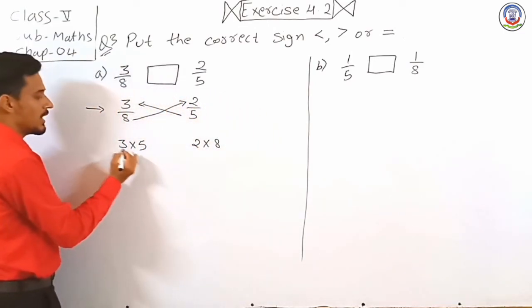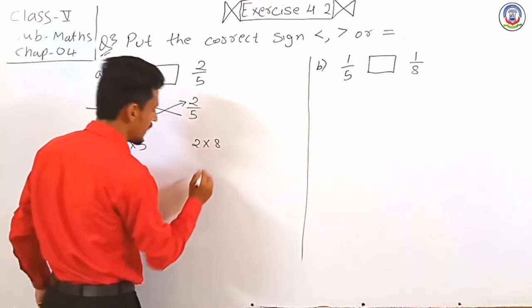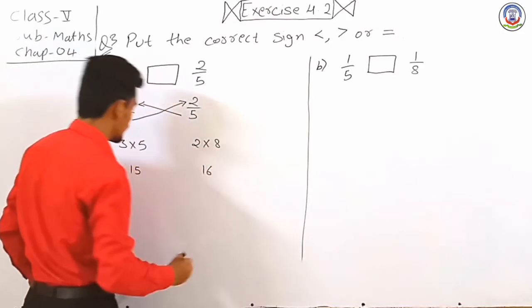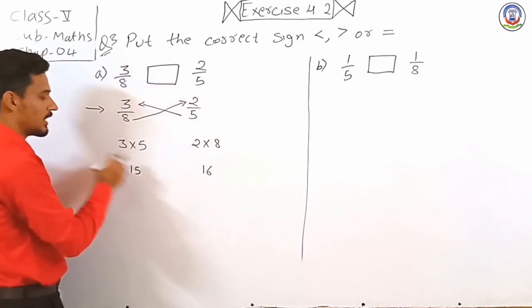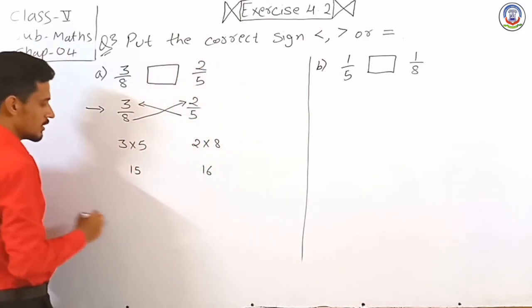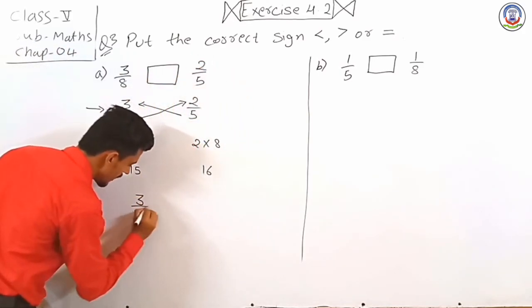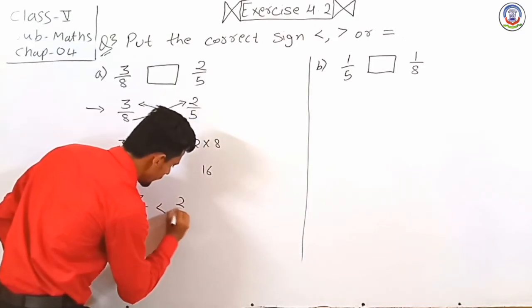So 3 multiplied by 5 is 15 and 2 multiplied by 8 is 16. So 16 is greater than 15. So this fraction is greater than this one. So we can write here 3 upon 8 is smaller than 2 upon 5.